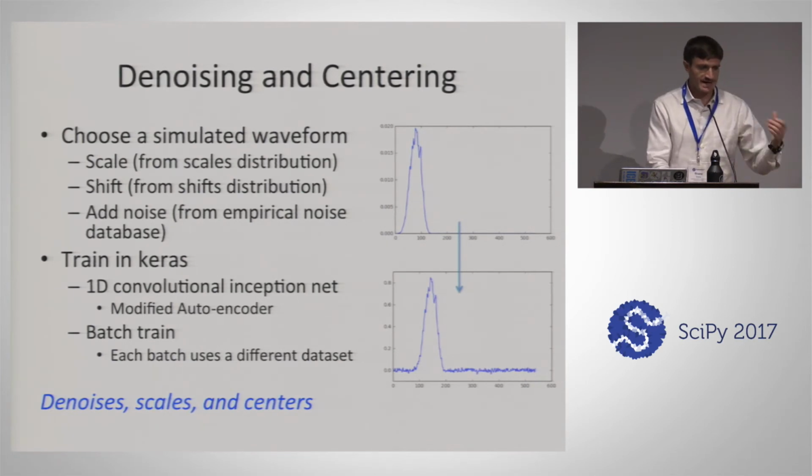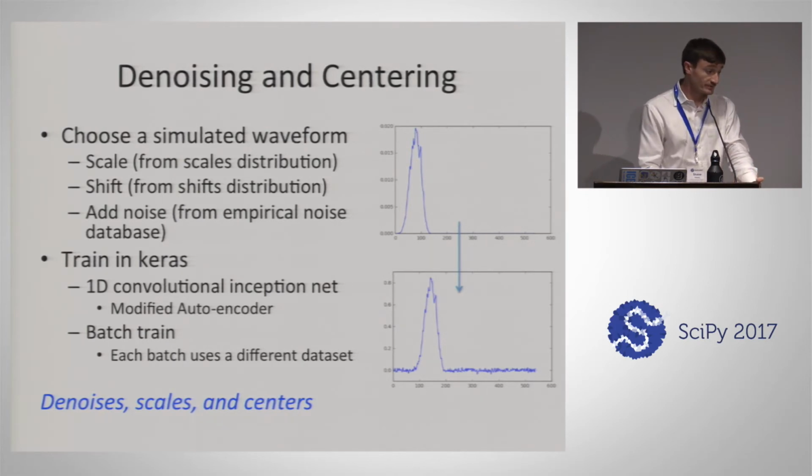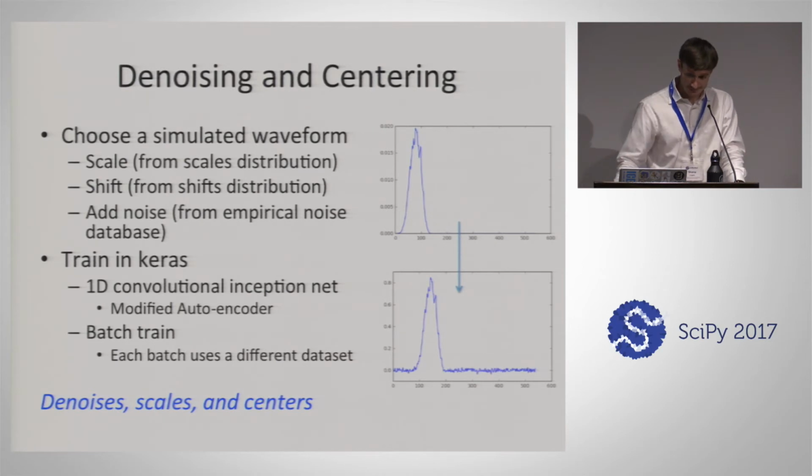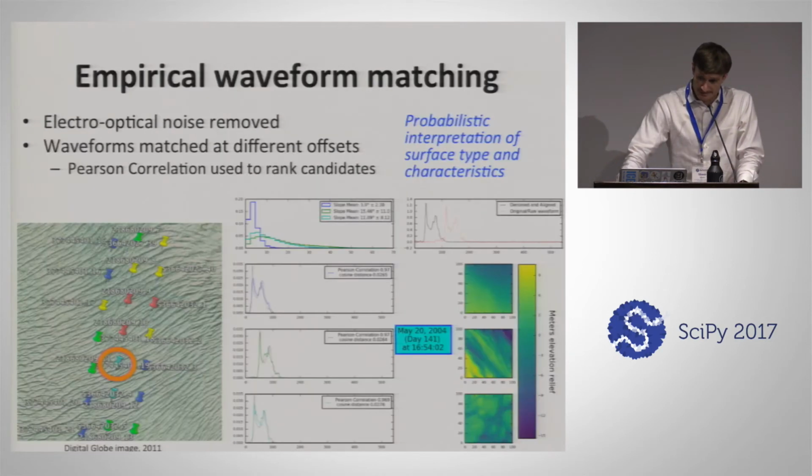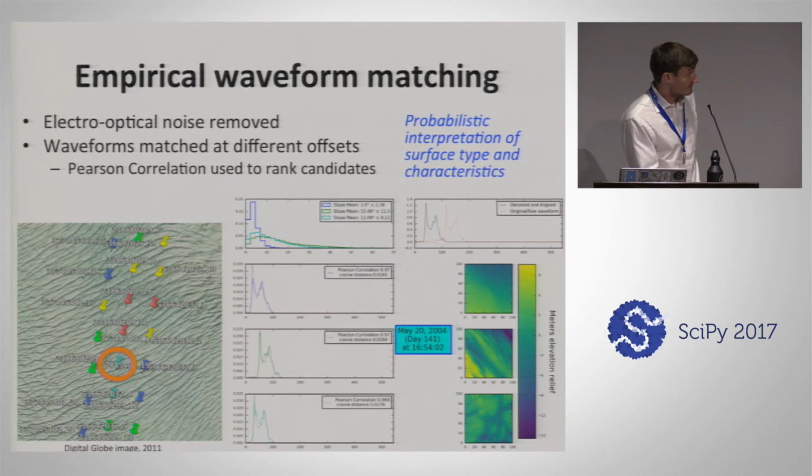And then on the next batch, it would be a different pick for those. So this is a way to basically take the 250,000 waveforms and turn them into billions of waveforms where they have different shifts, different magnitudes. And the goal of the autoencoder is basically to go through and then de-shift, de-noise, and then get you your waveforms back. So I guess I'll skip ahead a little bit.